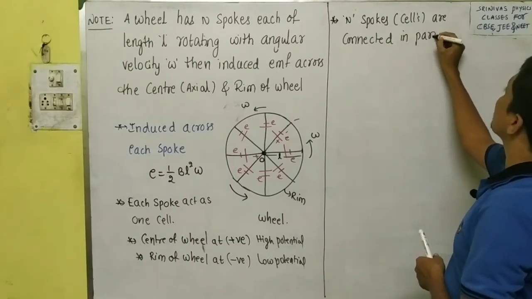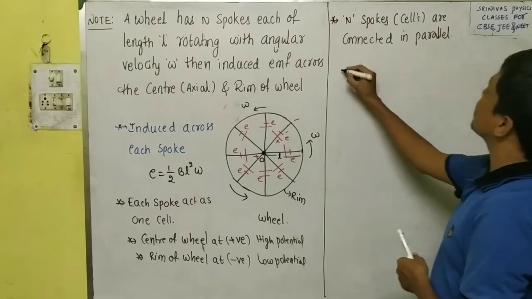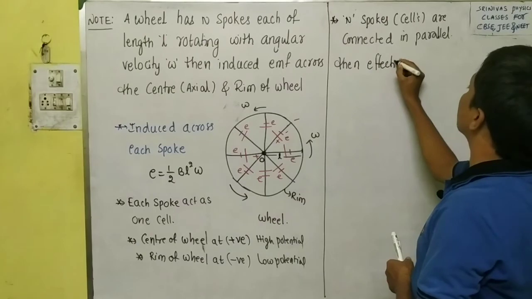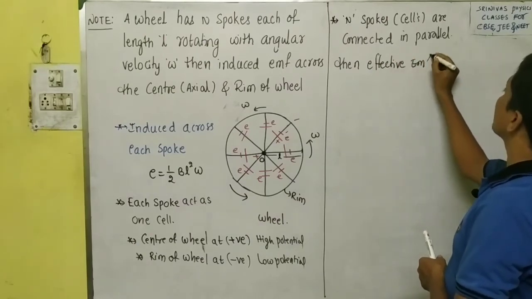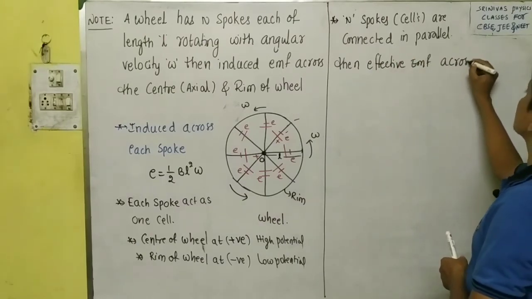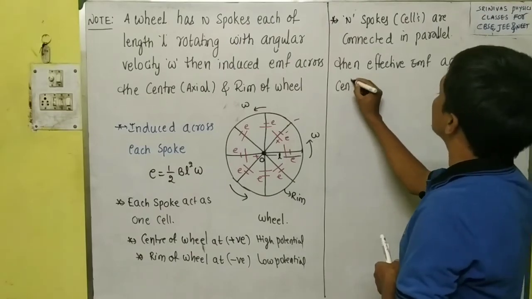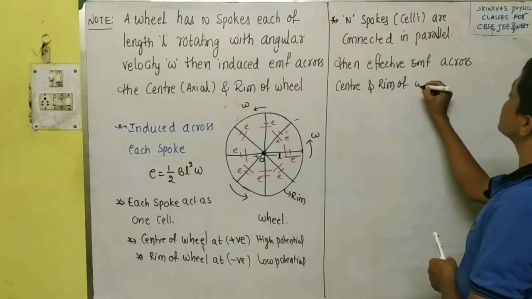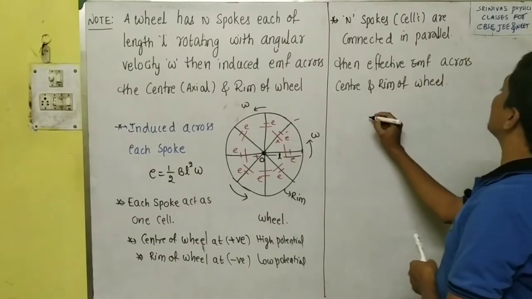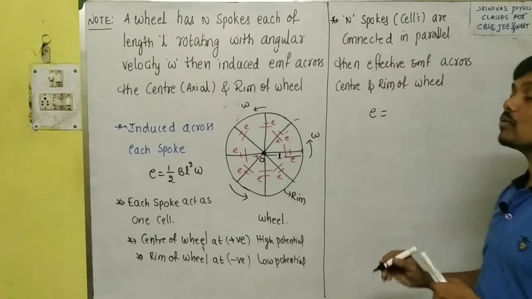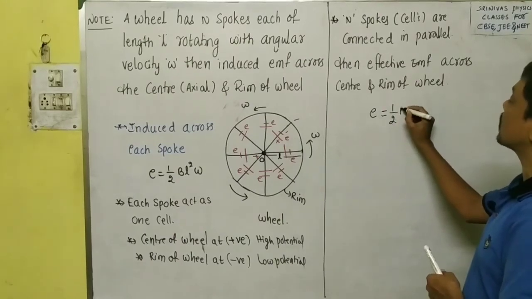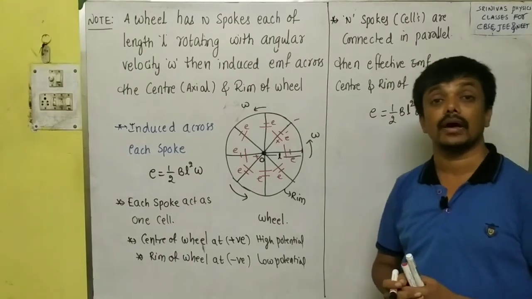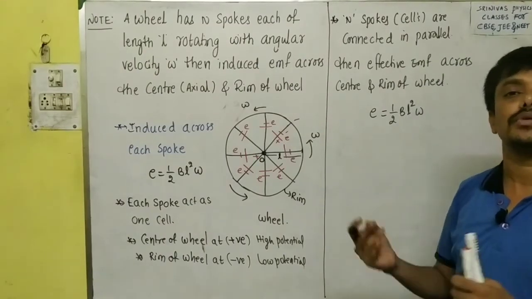Then the effective EMF across the center and rim of the wheel is equal to the EMF of only one cell, in the parallel combination. When n identical cells, each of EMF E, are connected in parallel, their effective EMF is equal to E only.